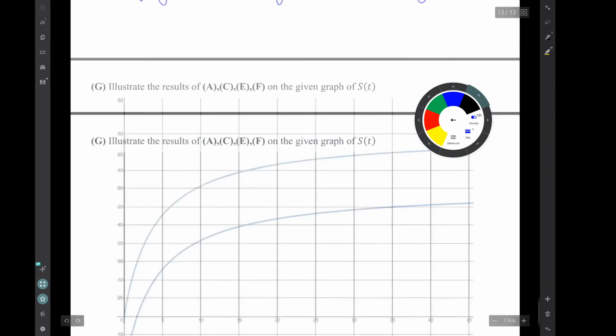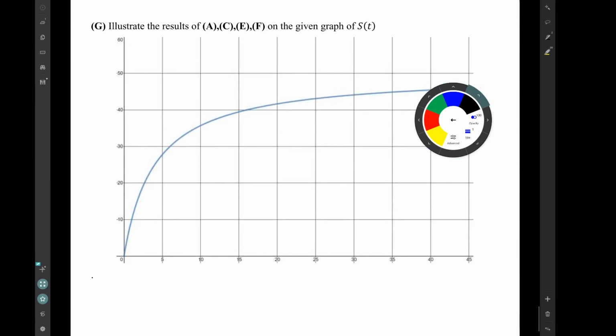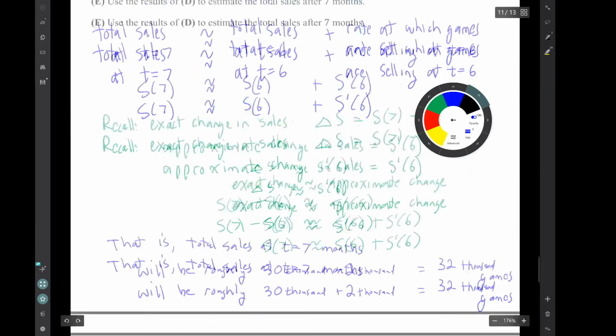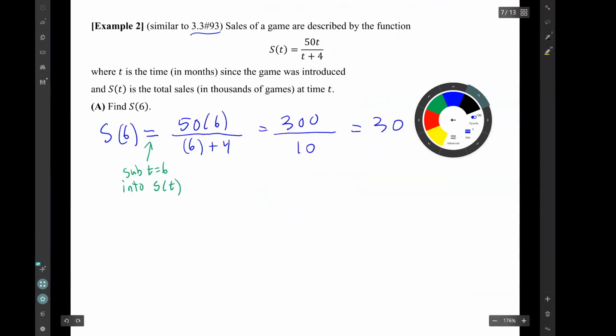Okay, let's go on. Question G says, illustrate the results of A, C, E, and F on the given graph of S of t. All right, well, let's go back up and look at those results. Result A was this, S(6) equals 30.